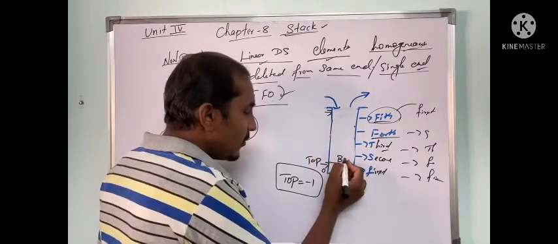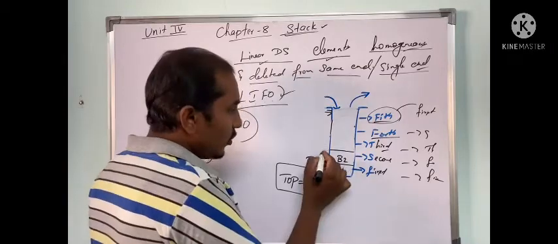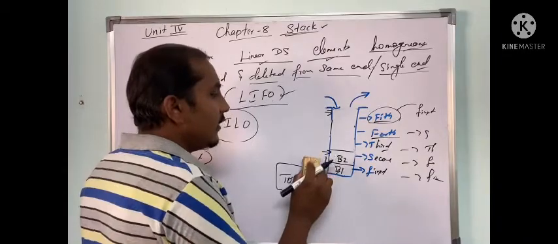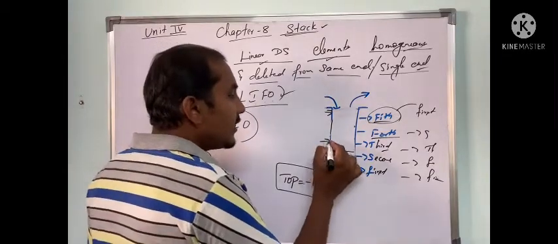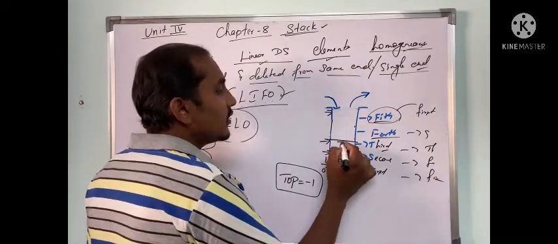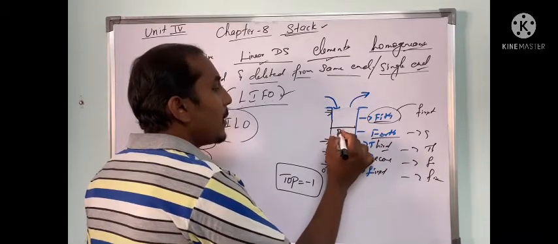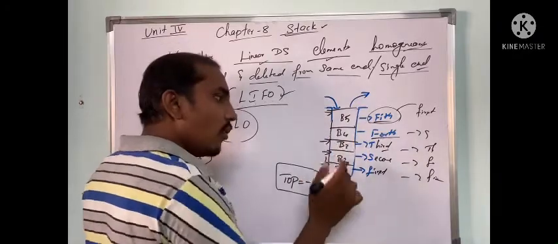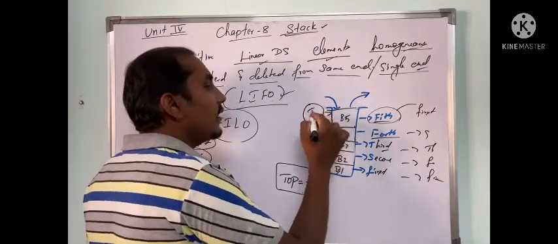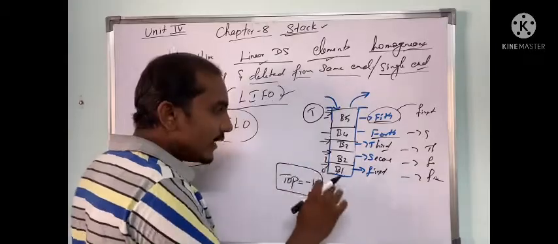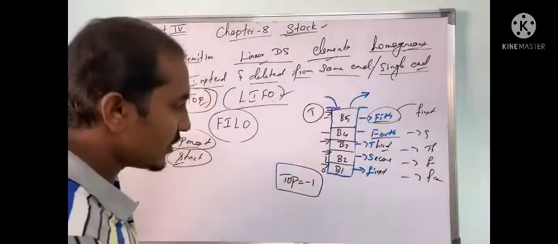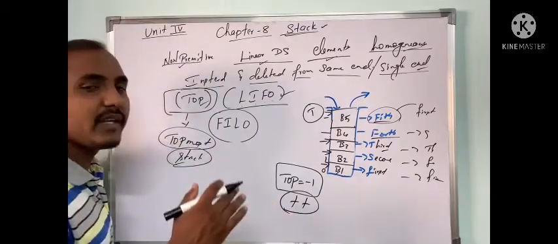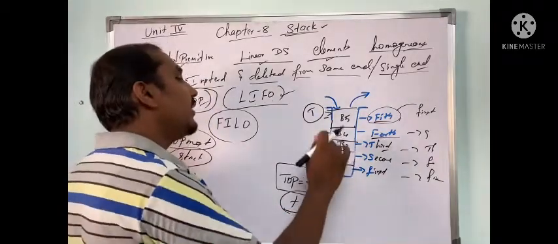When I add book 2, the second book, top will reach the next position, which is 1. And again, when I add book 3, it will reach the next position. So that is B3, book 3, and book 4 and the 5th book. When I add all the 5 books, top will be at the 5th position. So as I add books into the stack, top will be incremented, each and every time as I add new books.